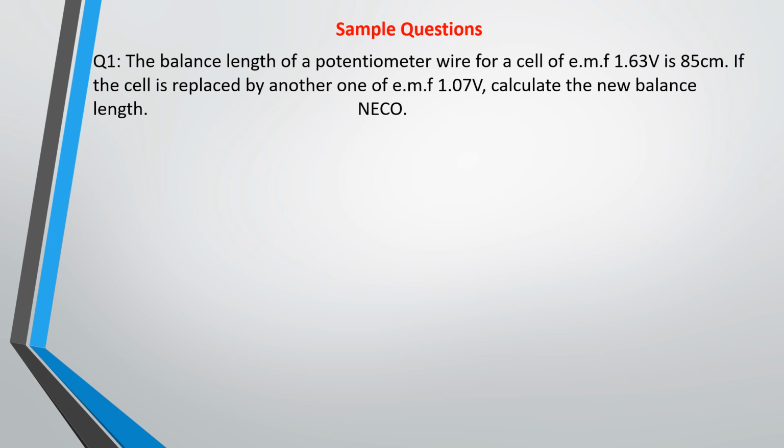Okay, so for this particular question, you have been given the initial balance length, that is E1 equals 1.63 volts, and L1 is given to you to be 85 centimeters.